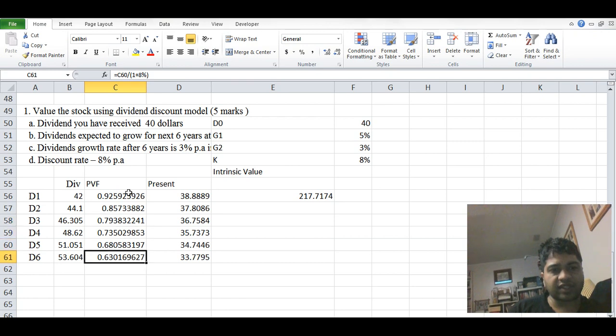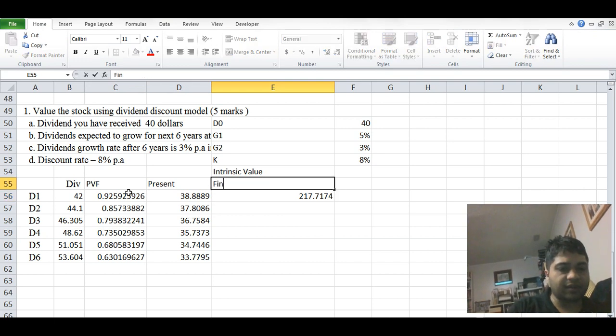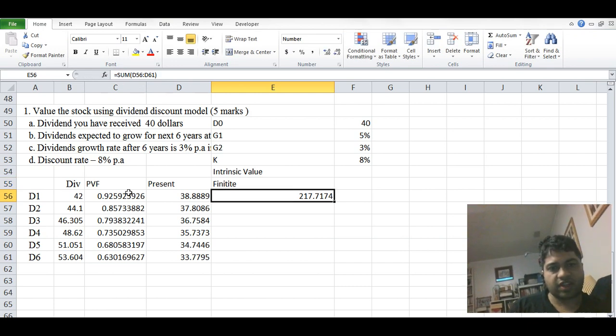If you're getting $1 after 6 years, it means you're actually getting 0.63 cents in today's term if discount rate is 8%. Then present value is simply dividends multiplied by present value factor, and intrinsic value for finite period is simply addition of all of that.